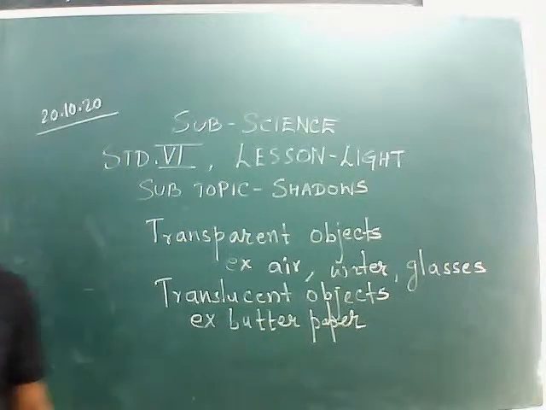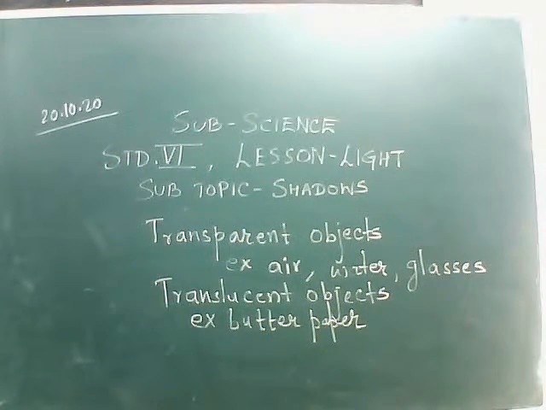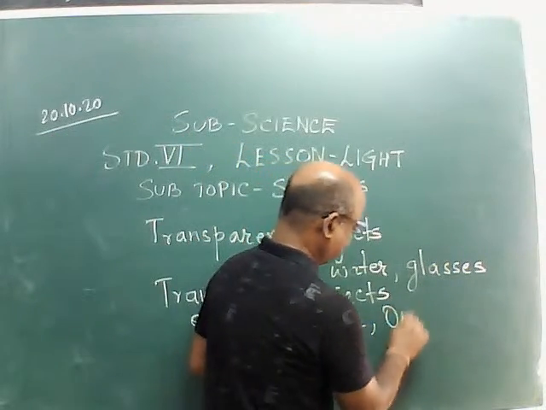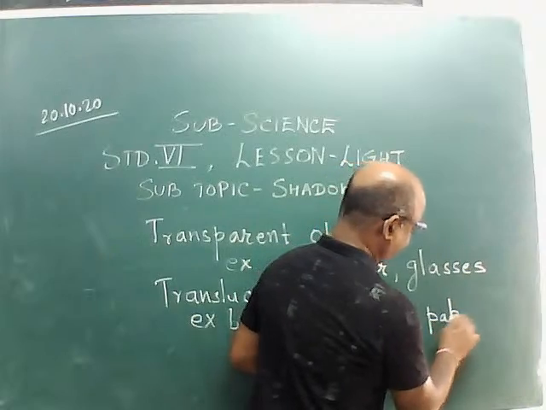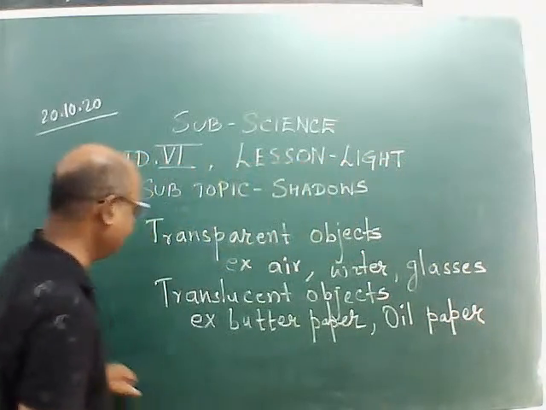Write down the definition also: objects which allow only a part of light to pass through them. Shardul gave a very correct definition. Examples: butter paper, oil paper, wax paper. Aditi Karkade gave oil paper, Abhishek gave butter paper.